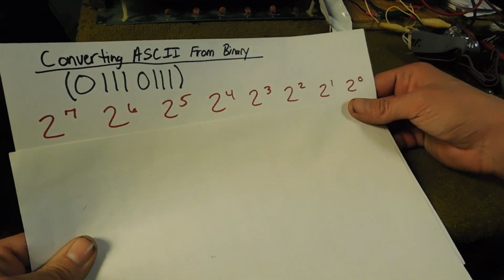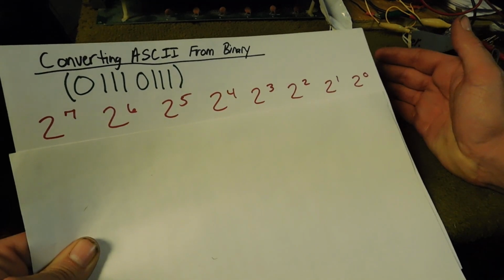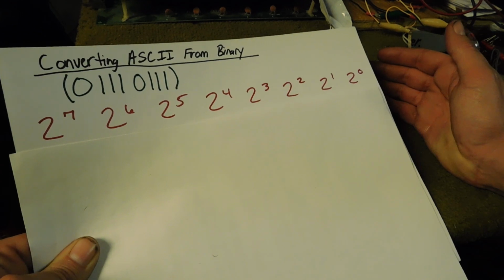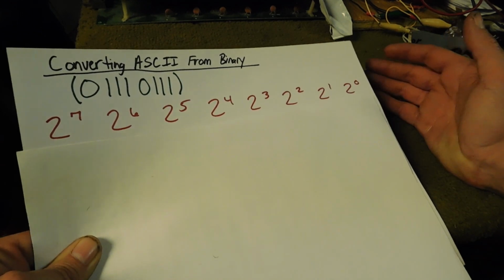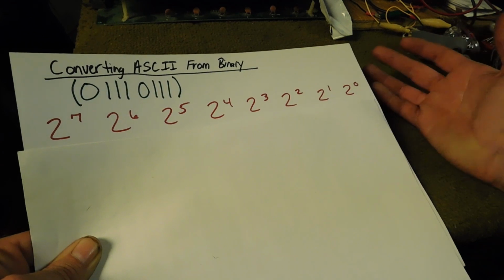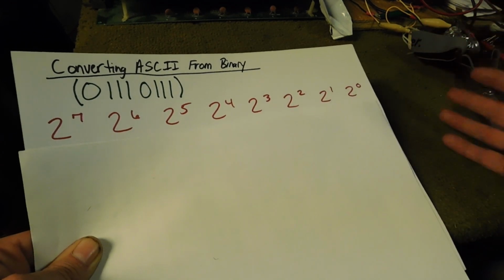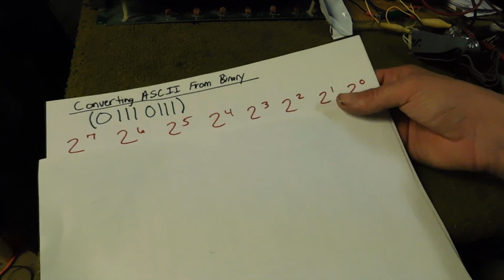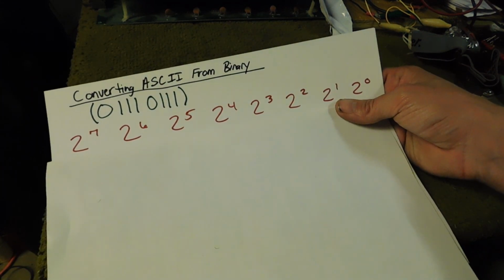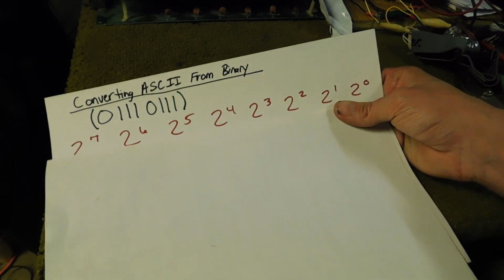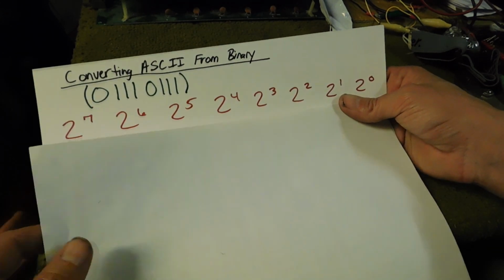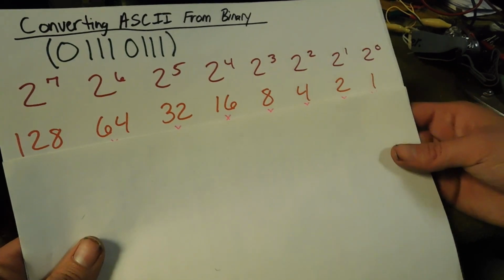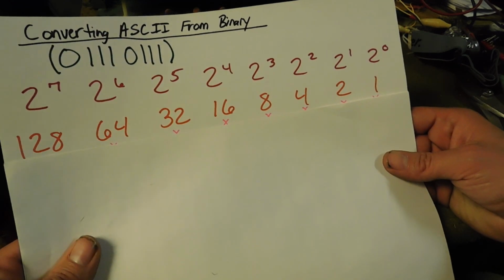Now, the standard English language in ASCII has 128 characters, and that's a combination of uppercase, lowercase, and then symbols. And again, symbols are like exclamation points, question marks, and so on. Okay? So what we have to do is have our decimal values, which is what those are. So our decimal values are going to be 128, 64, 32, 16, 8, 4, 2, and 1. Alright?